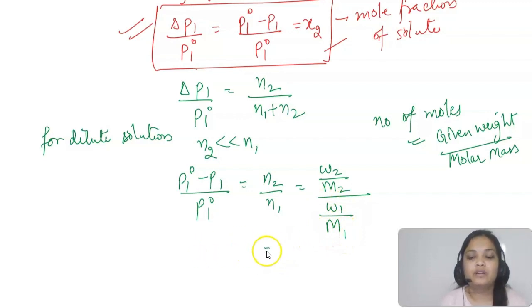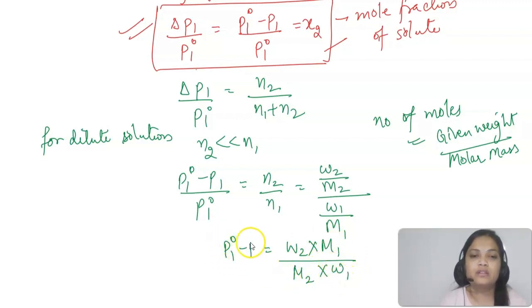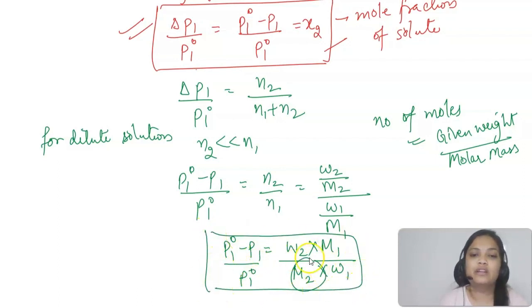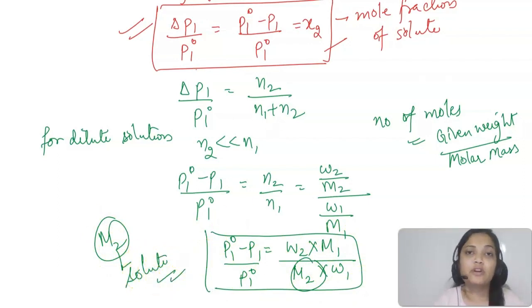So here it is going to be W2 into M1 upon M2 into W1, equal to P1 naught minus P1 upon P1 naught. From this expression, you can calculate the value of molar mass of the solute. This is what we are going to derive for every colligative property. Alright, I hope this much is clear.